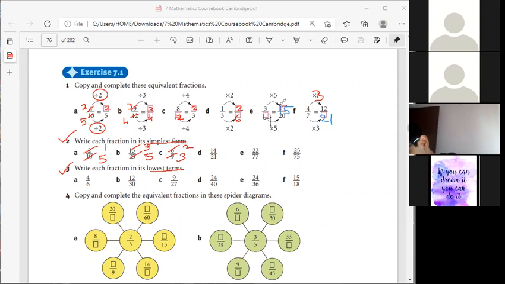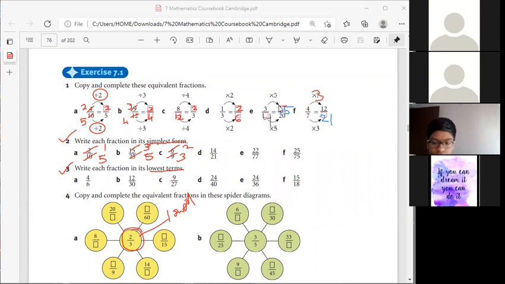Are you getting it? Now 2 upon 3 by itself is in its lowest term. We cannot reduce it further, right?